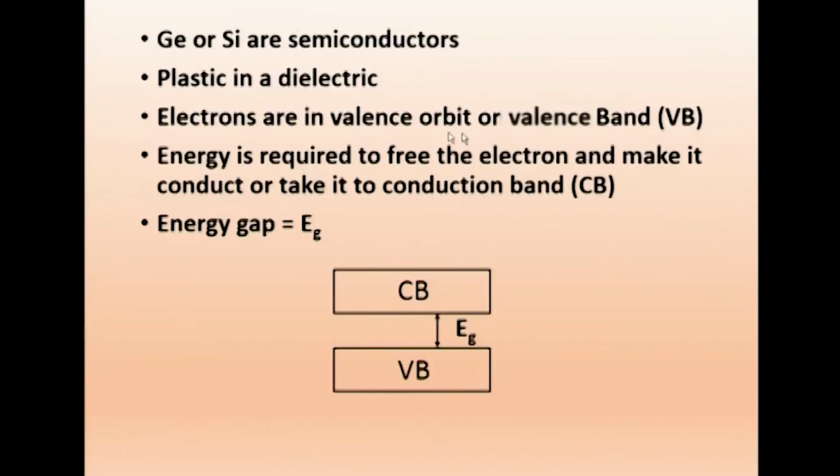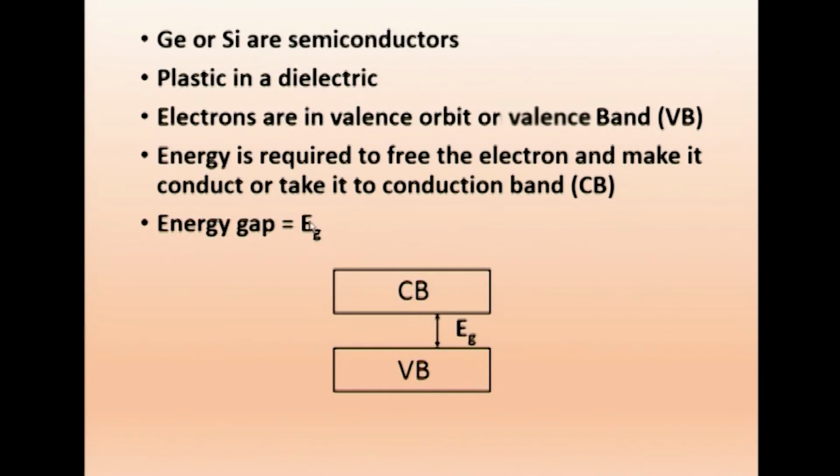So there are two bands: the valence band when it is bound, and when you remove it, it becomes the conduction band. Electrons are normally in the valence band, the valence orbit. Some energy is required to free the electron and make it conduct, and we take it to the conduction band.